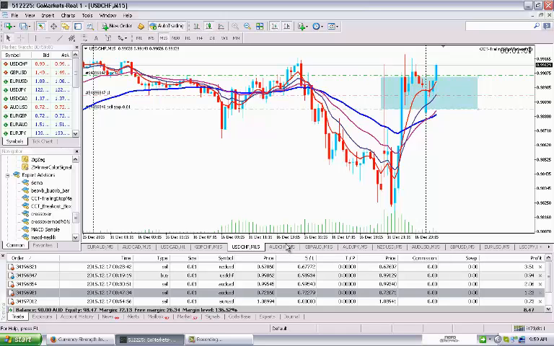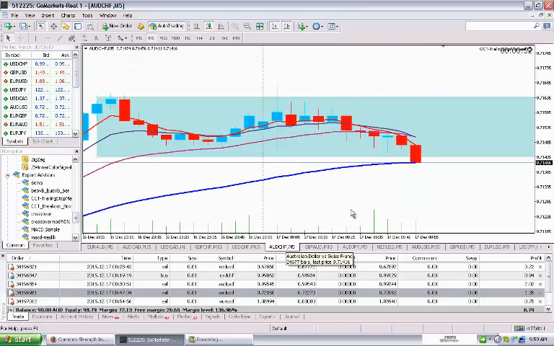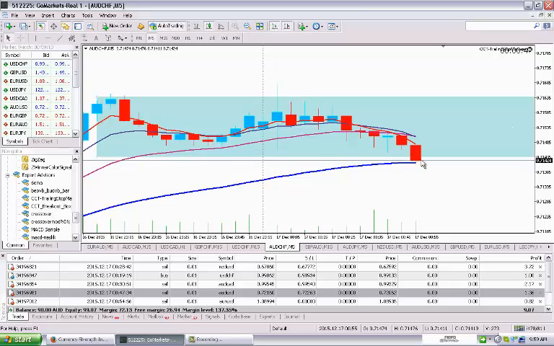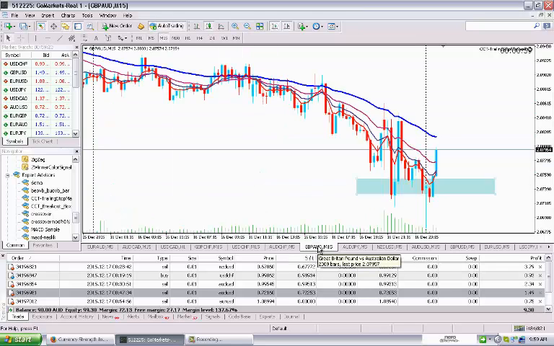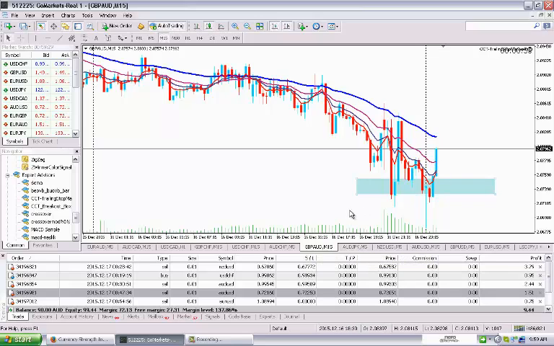AUD Swiss is a good trade for the Australian market, but it's going against the Aussie at the moment. Now, the Swiss is not strong, but it's stronger than the Aussie, so I guess that's why it's going down. And pound AUD is heading towards the pound, so the Aussie is weak versus the pound at the moment, and that's true according to my indicator.